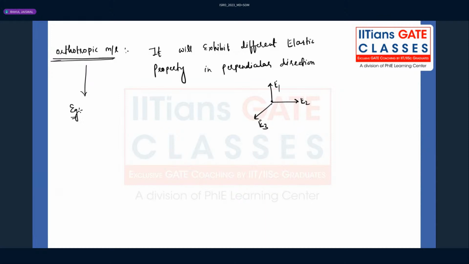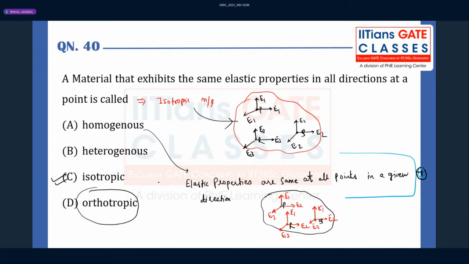What are the examples? Note down the examples: wood, graphite, plywood, etc. Whereas examples of homogeneous and isotropic material are copper, steel, aluminum, all the other materials which we use in our day-to-day life or in our industry.